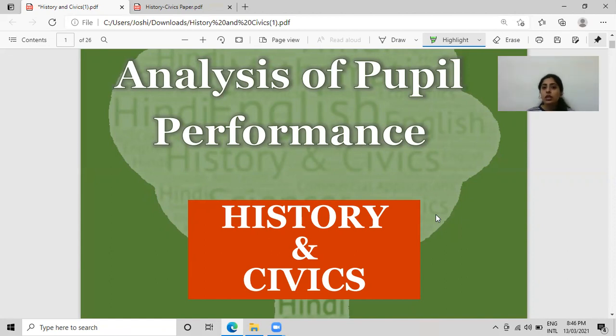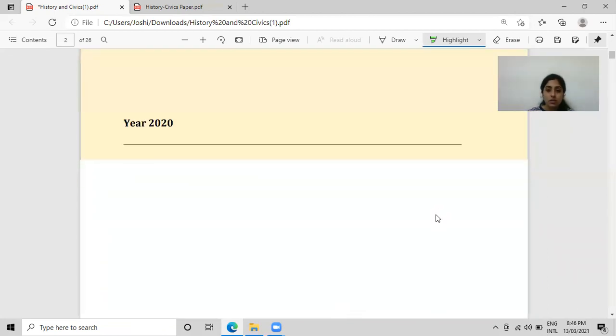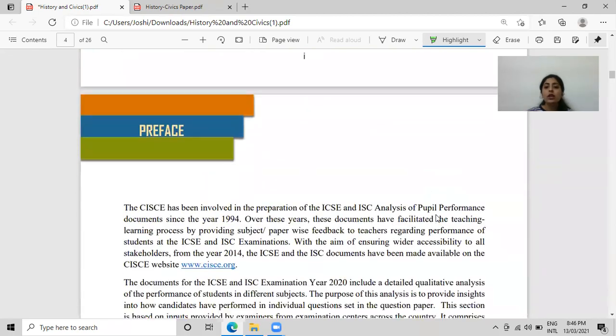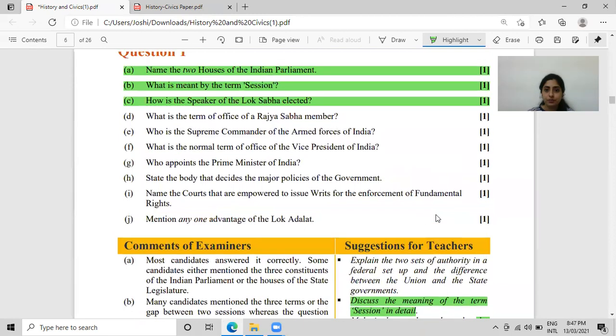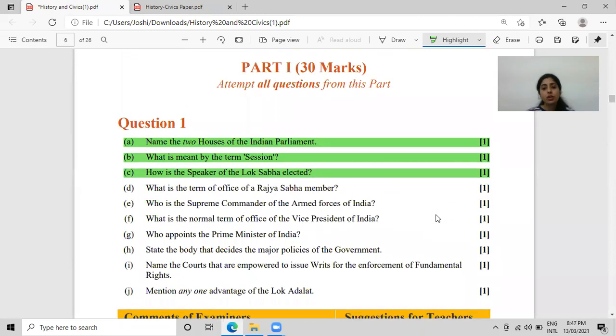Let's begin with the discussion of an ideal history civics paper, which is of 80 marks. Our paper starts with Part 1, which consists of 30 marks. In this Part 1, we have to attempt all the questions. So students, make sure to remember all these small topics from the history and civics part.